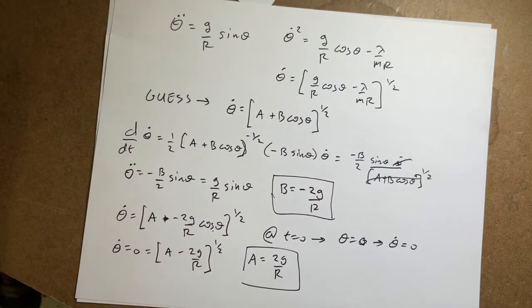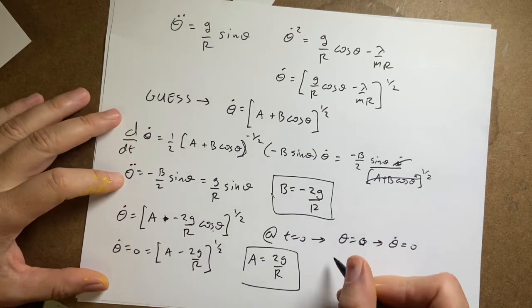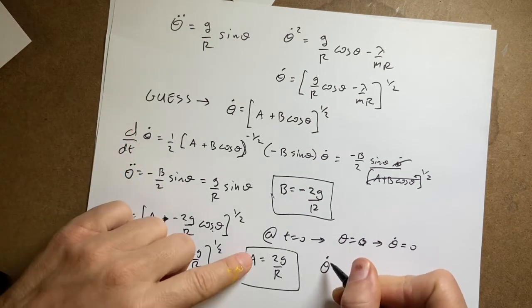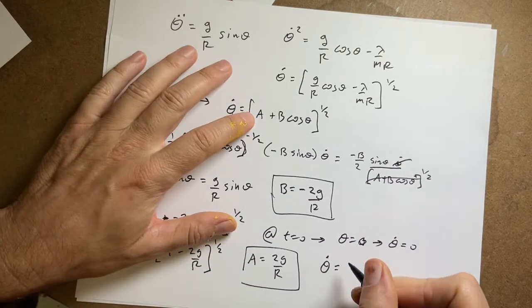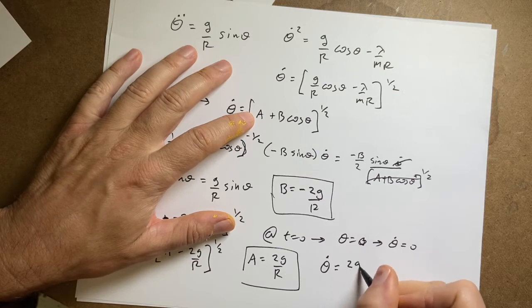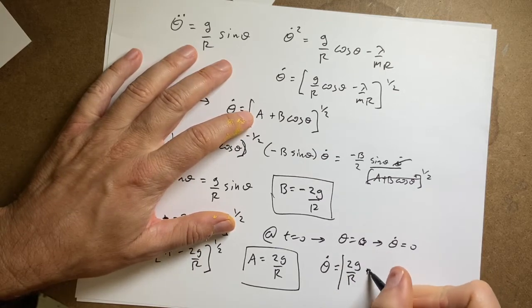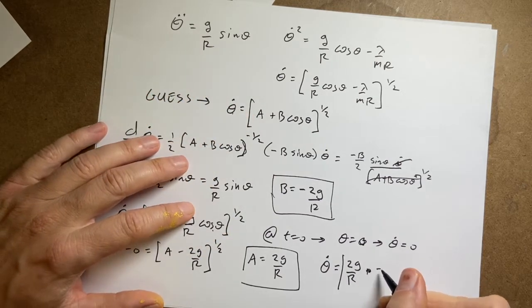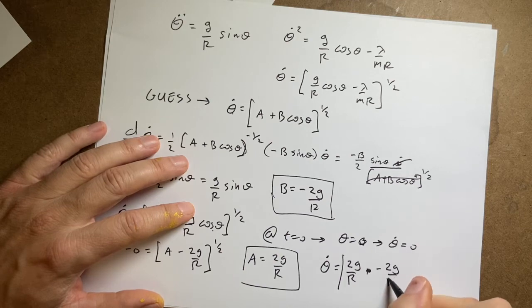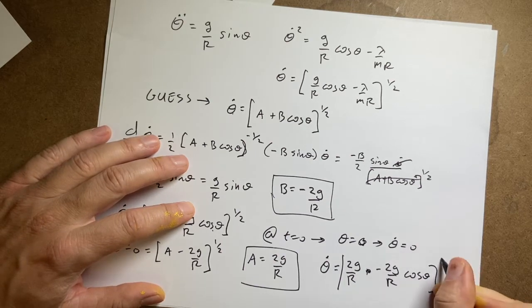Checking over my notes here. This is a mess. Yes. Okay. So now, putting these a and b in, I get theta dot equals 2g over r plus minus 2g over r cosine theta, all of that to the 1/2.